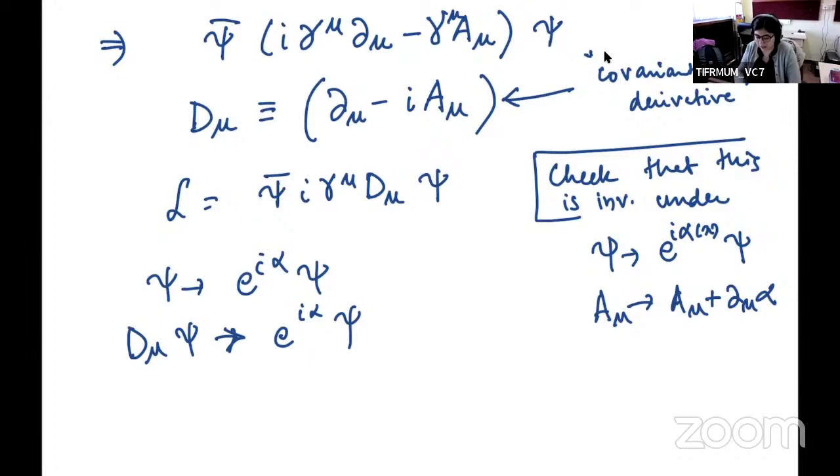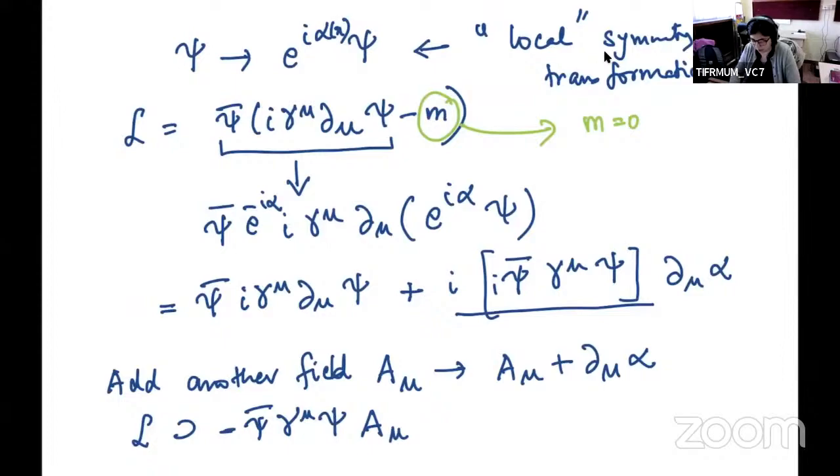Okay? And what does this extra term that you added mean? It is a psi bar, psi, a mu kind of term, which sort of looks like this, right? Psi bar, psi.